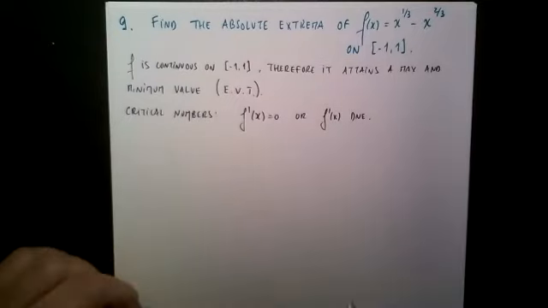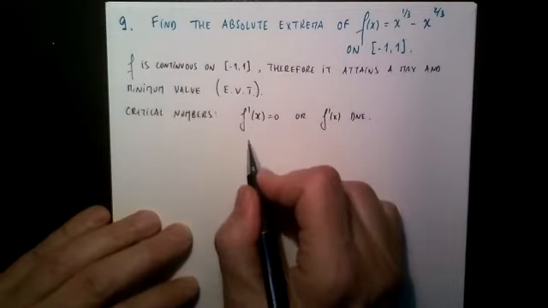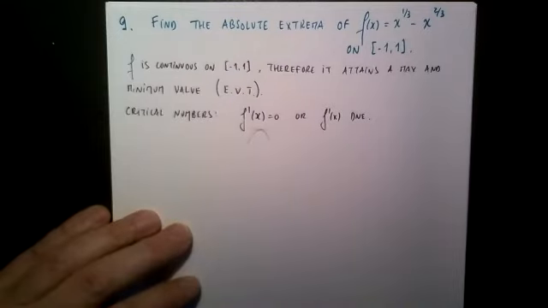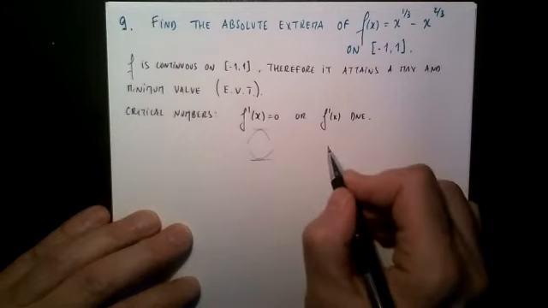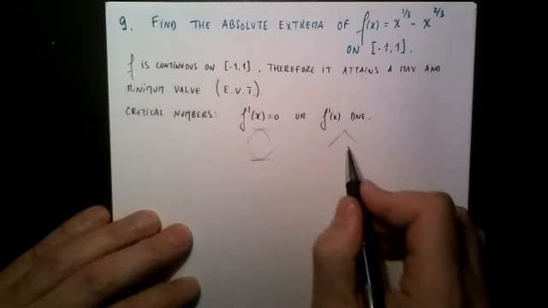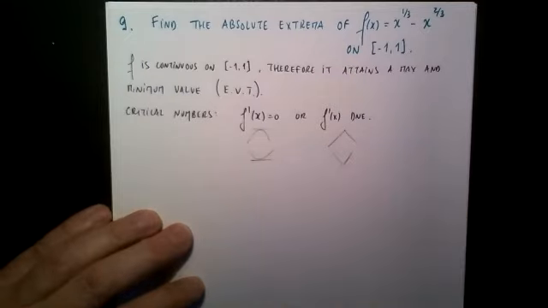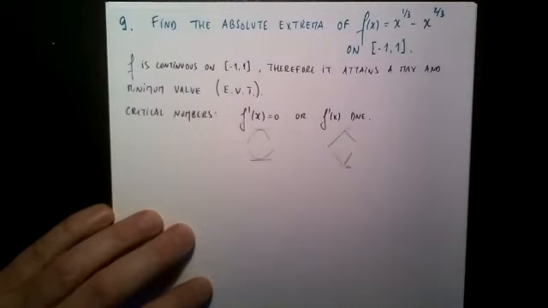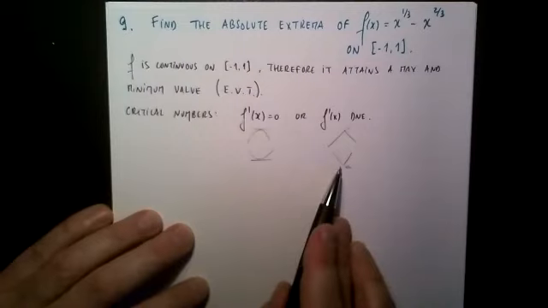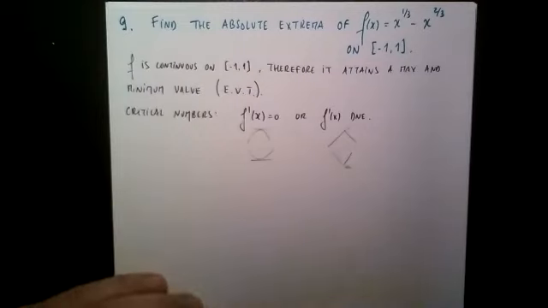So either I have a situation like this, or of course like this, or the derivative doesn't exist, so maybe I have a situation like this, or like this. That also could be a situation where we have a max and a min, even though it's not differentiable, but it's still continuous, so it attains its max and min. You with me? From the extreme value theorem.